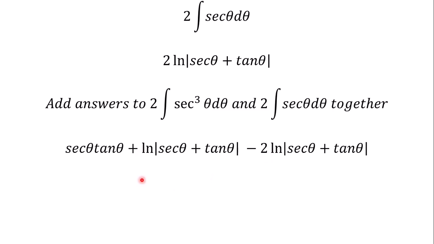So 1 minus 2 will give us -1. Okay, so you're going to get secant theta tan theta minus natural log absolute value of secant theta plus tangent theta, or tan theta.